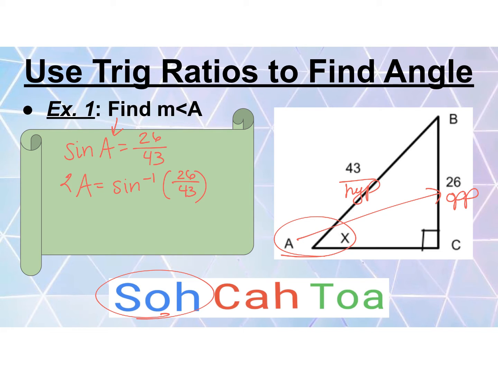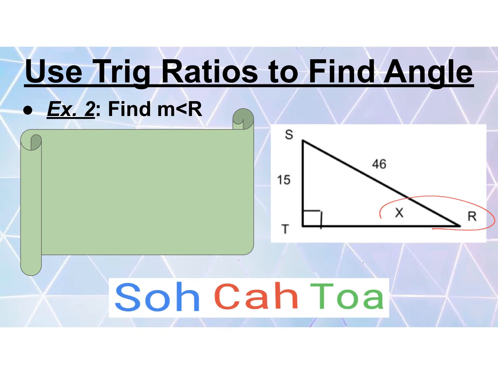And then on your calculator, you would hit the second button first, then sine, then the fraction, and you should get 37 degrees. If you don't get that, check the mode because we want to be in degrees, not radians.